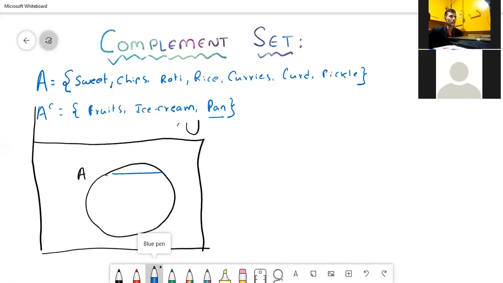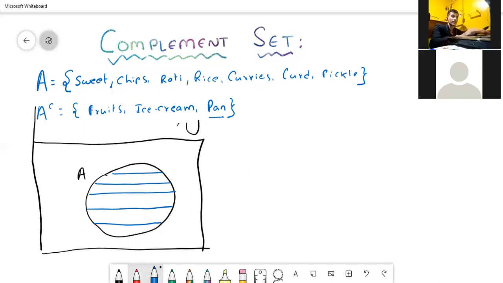I'm using blue color horizontal lines. Here all food items are there. Next, to see the complement, where will it be? It won't be present in the food items region.